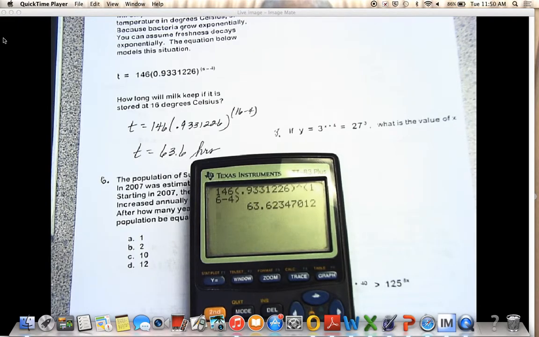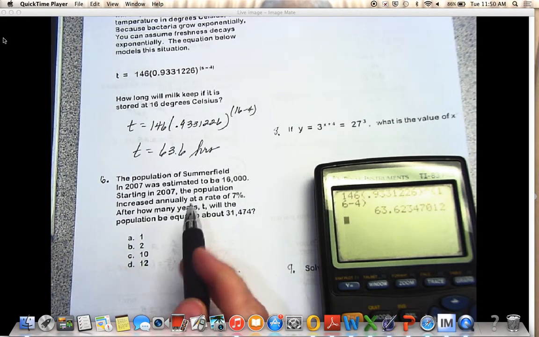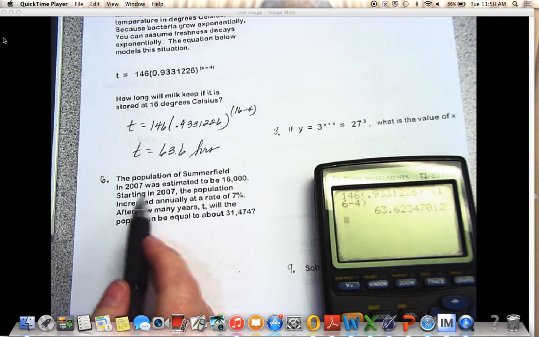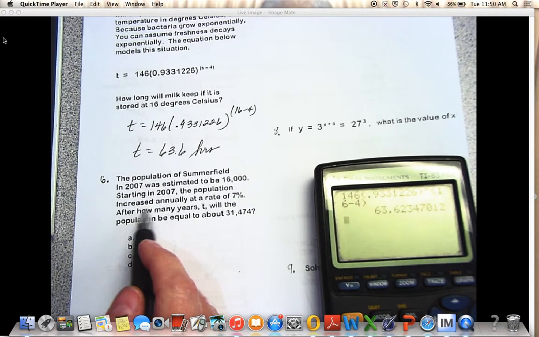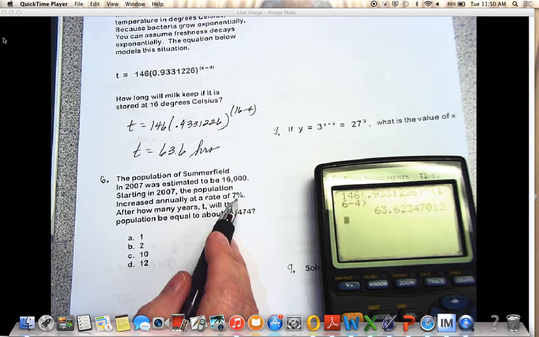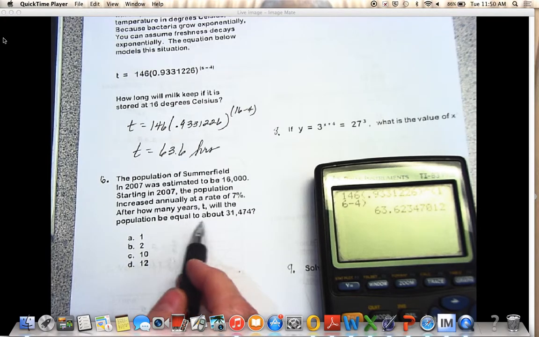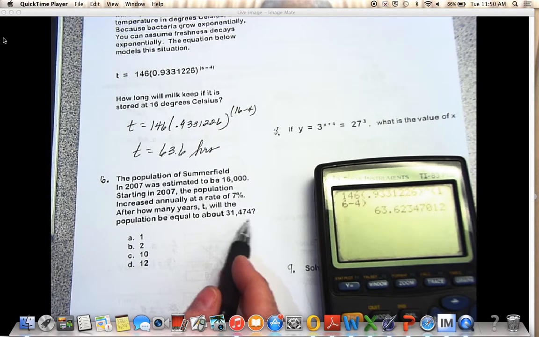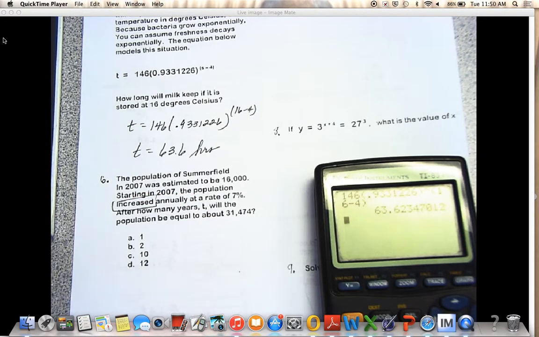On number 6, it says the population of Summerfield in 2007 was estimated to be 16,000. Starting in 2007, the population increased annually at a rate of 7%. After how many years T will the population be equal to about 31,474? Do y'all see where it says it's increasing? This is one of our equations that goes with exponential growth or decay.